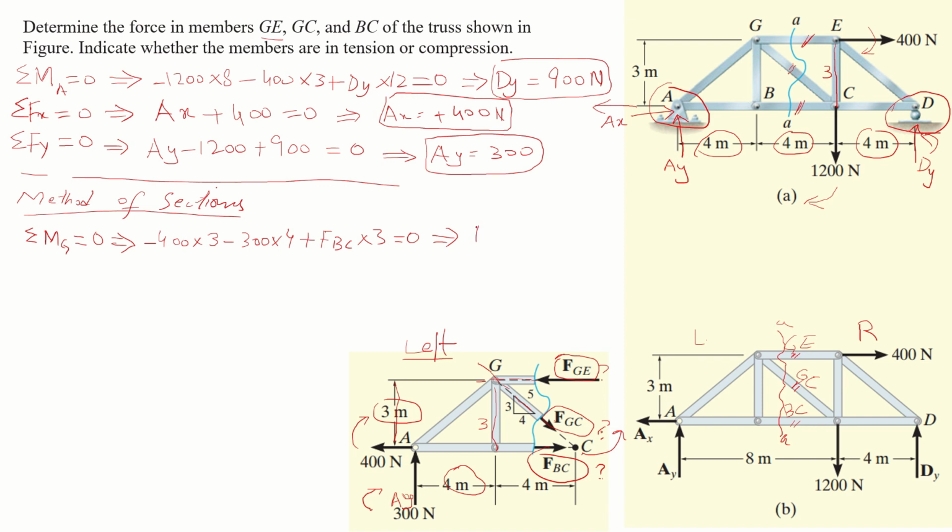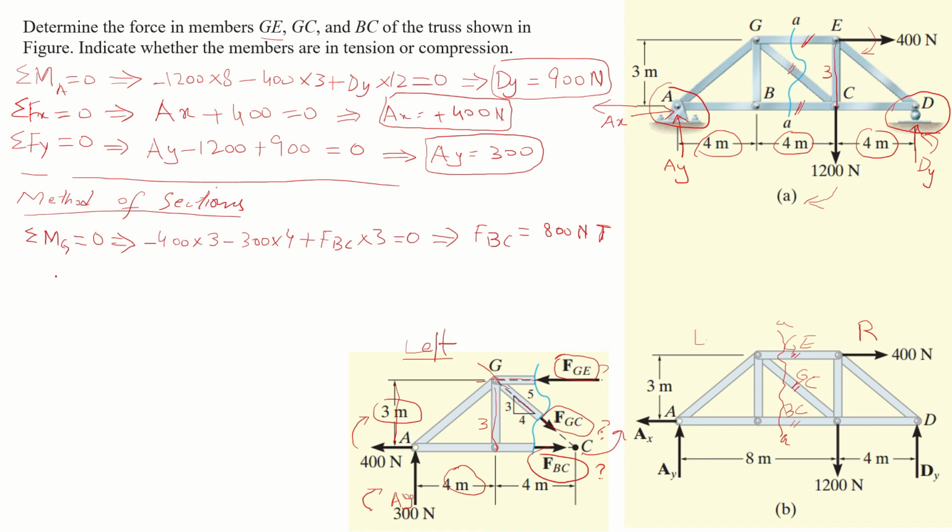This implies that FBC is equal to 800 Newton. As you can see that FBC is acting away from this joint, so FBC is a tensile force. So we place a T here to show that it is a tensile force.